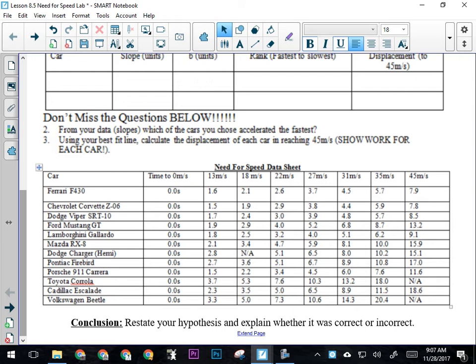They were accelerated along the same track from 0 to essentially as fast as they would go, or 45 meters per second, whichever came first. Some vehicles were incapable of reaching 45 meters per second, like the Toyota Corolla and the Volkswagen Beetle, so they just went as fast as they could go, and that was the end of the experiment for them. The same driver was used for all vehicles.